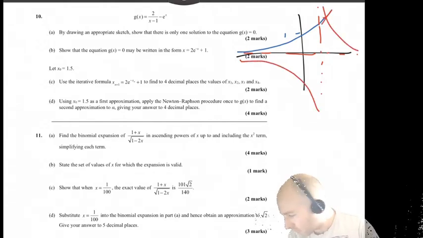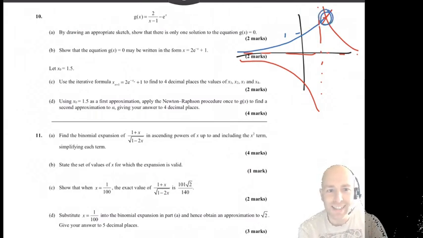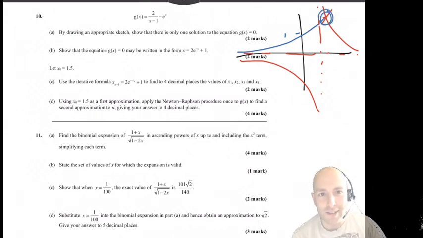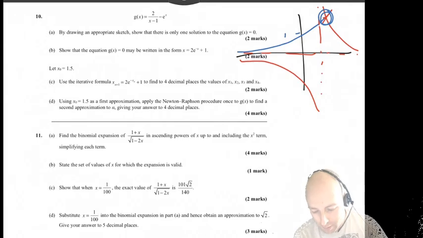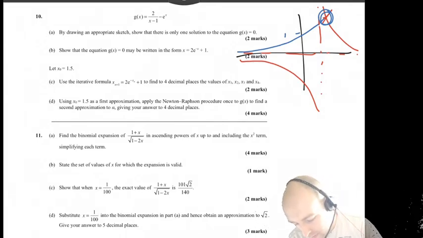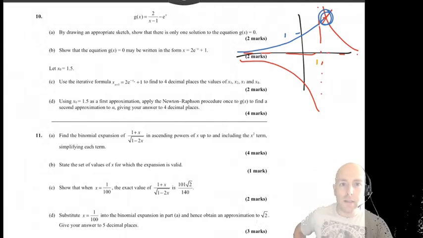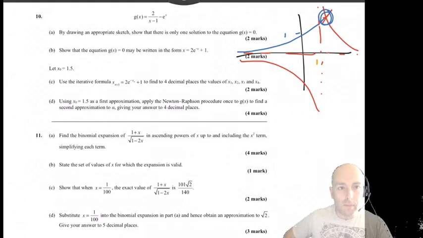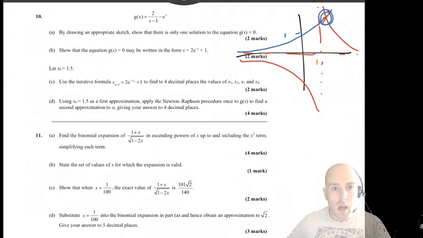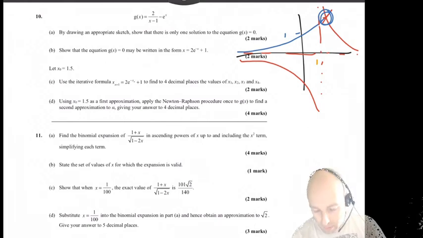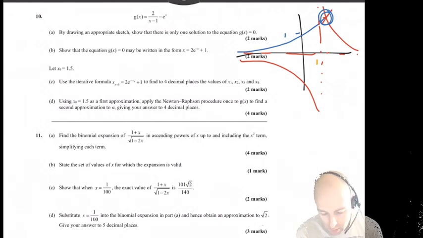Cool. Okay, yeah, so draw it out and you can see it only crosses in one place. So we've got the asymptote there at 1. This one crosses at 1 as well there. I don't think we need to label y. I think that's going to be 2 there.